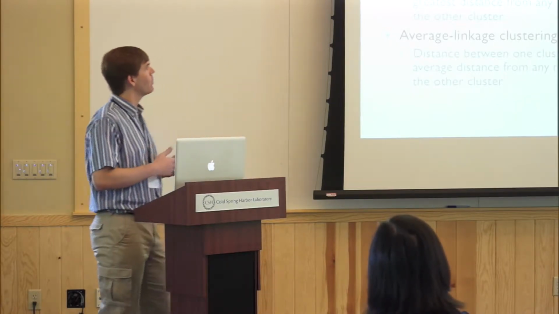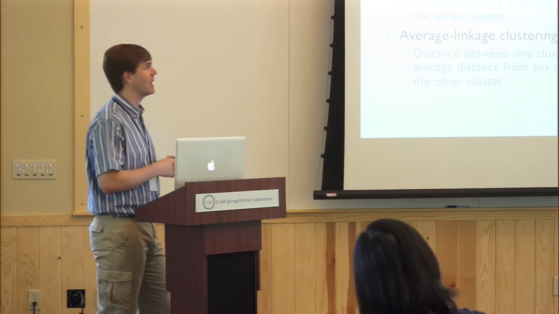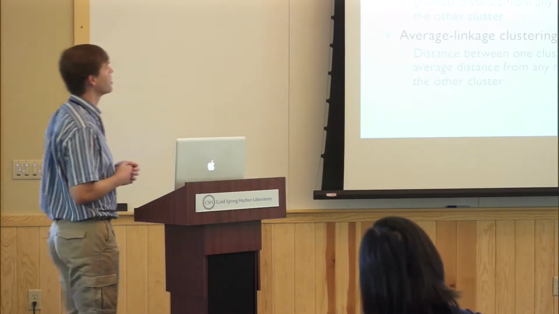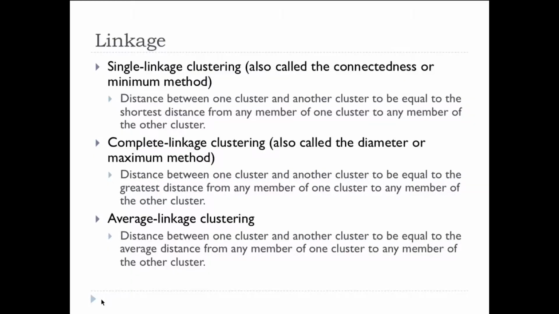So once we have these different clusters, we have some different approaches. Single linkage clustering: we take the distance between one cluster and another cluster to be equal to the shortest distance from any member to any member in the other cluster. In the case of individual genes, that's easy. It's just the distance between the 2 individual genes.